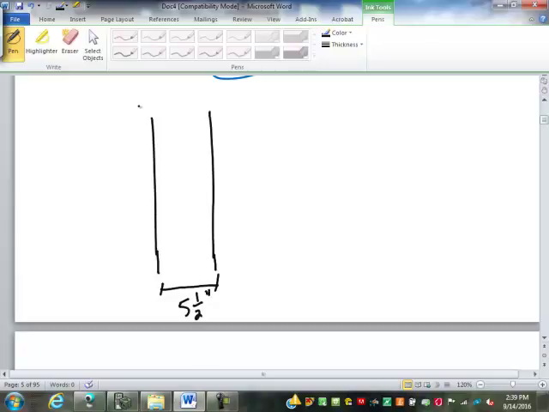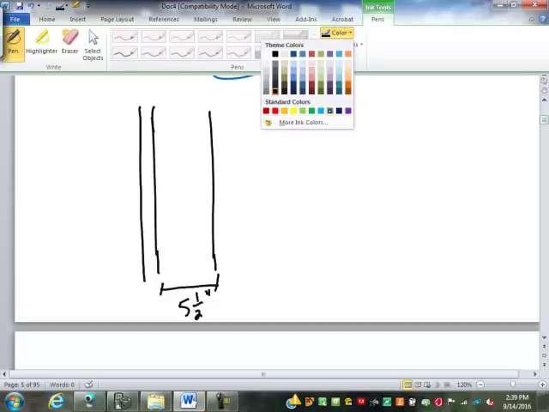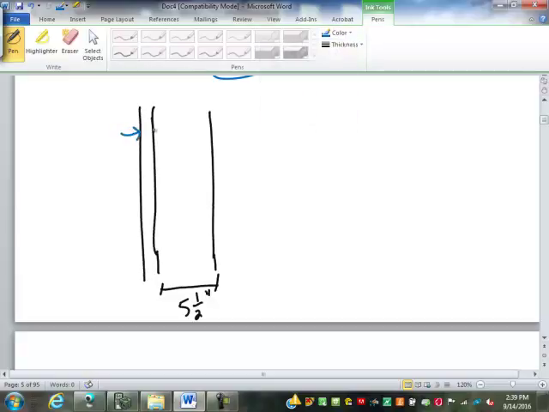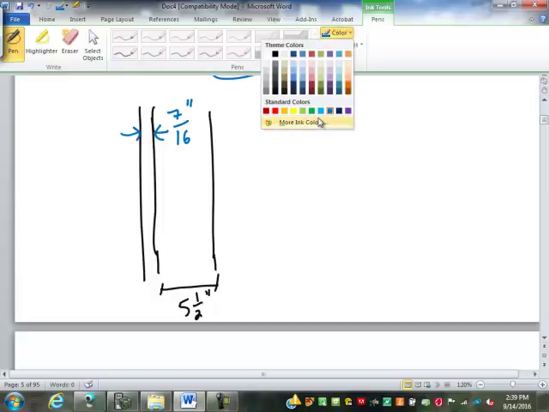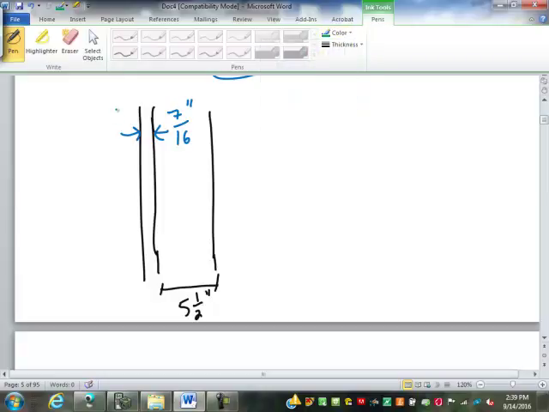On the exterior of the wall, we have sheeting that is 7/16 of an inch. And on the outside of the sheeting, we have 3/4 of an inch of foam insulation.